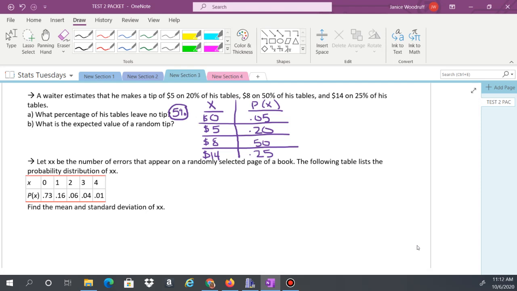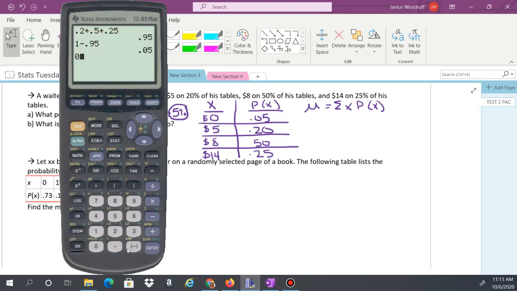to percent. What is the expected value of a random tip? That is the mean. So that is just the sum of X times P of X. That's going to be your expected value. We can just go ahead and do this in our calculator since it's short. So you have 0 times 0.05, that's 0. 5 times 0.2, 8 times 0.5, and 14 times 0.25.